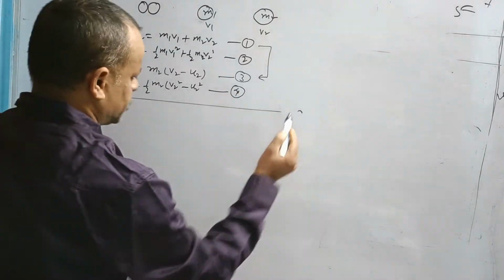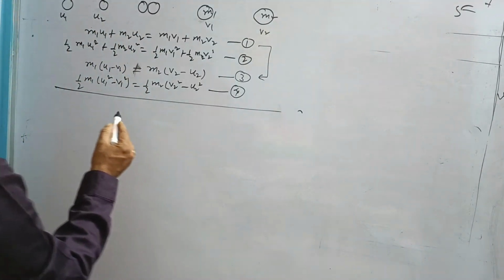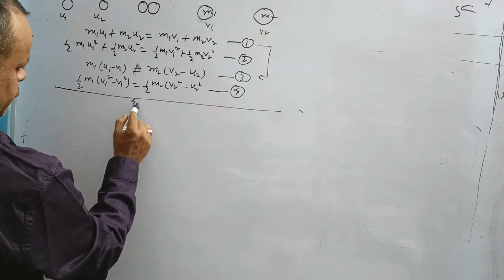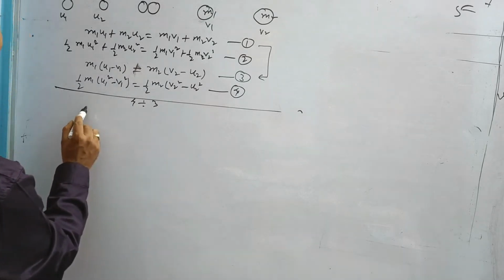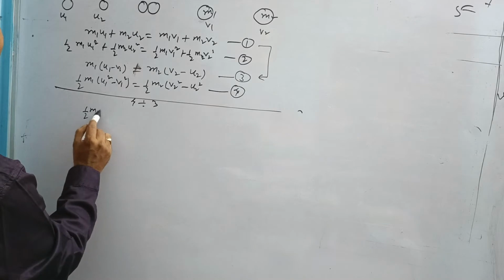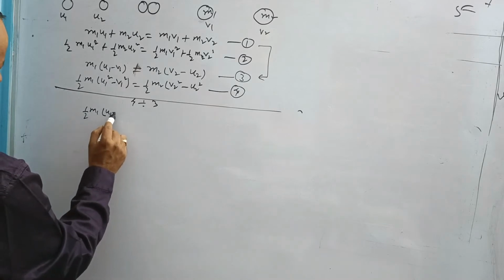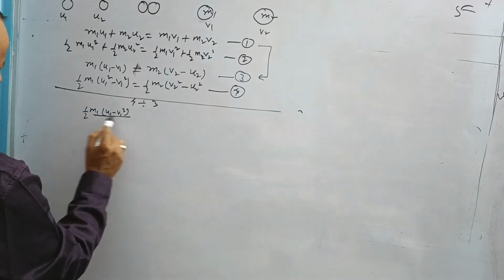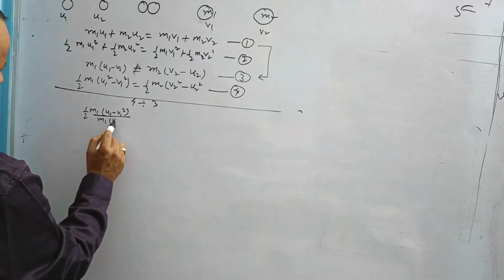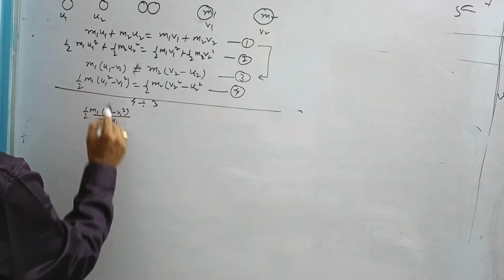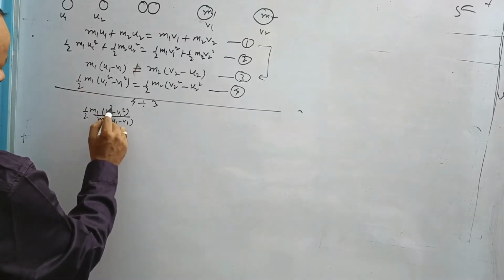Since our objective is to find V1, what we have to do over here is that we will divide equation 4 by equation 3rd. See what will happen. This is half M1, U1 square minus V1 square, upon M1 into U1 minus V1.